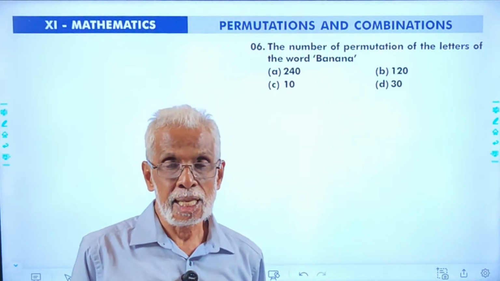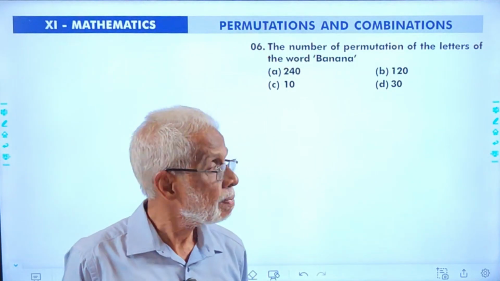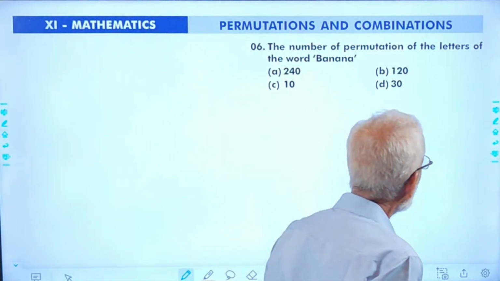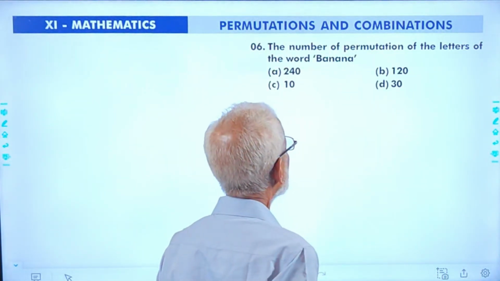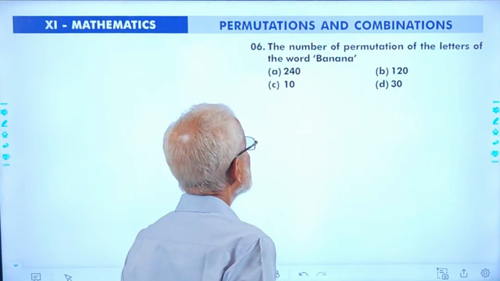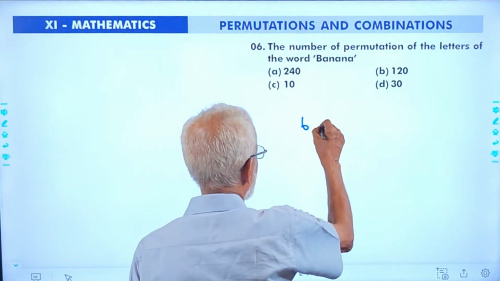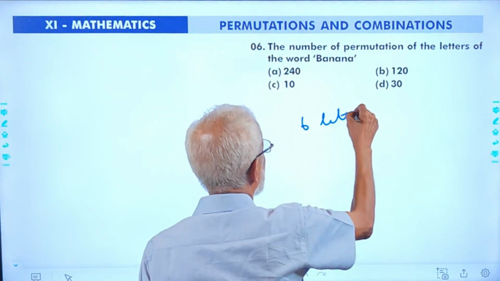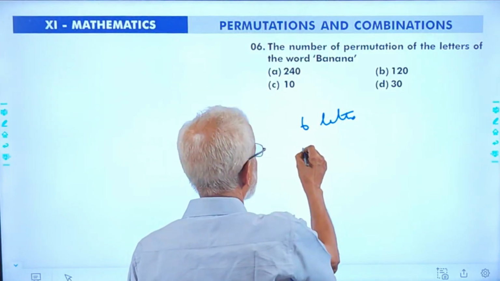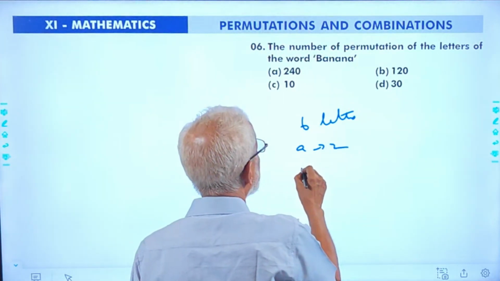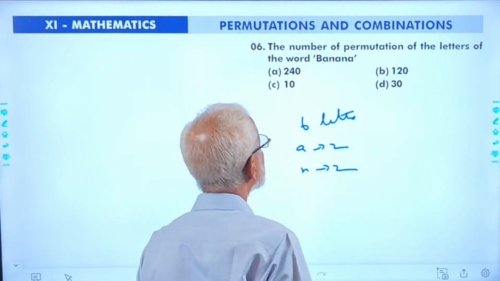Number of permutations of the letters of the word banana. Banana has 1, 2, 3, 4, 5, 6 letters. There are 6 letters. Out of 6 letters, A repeats 3 times, N repeats 2 times.